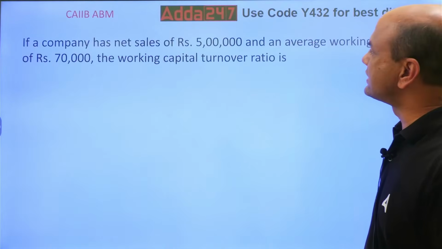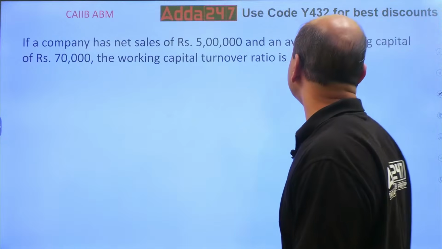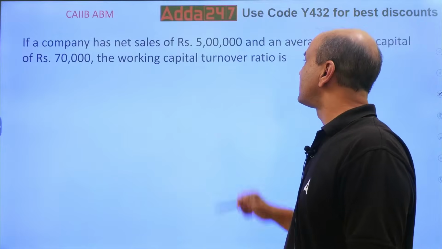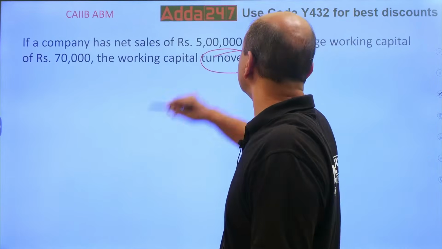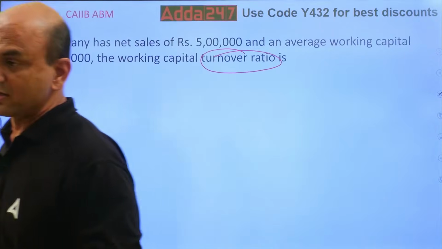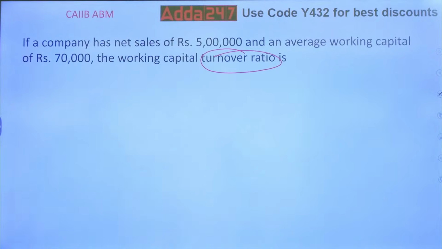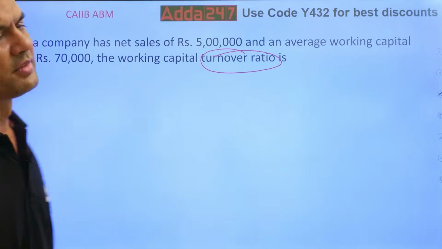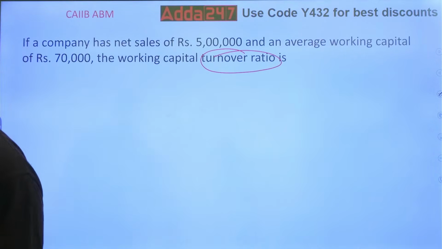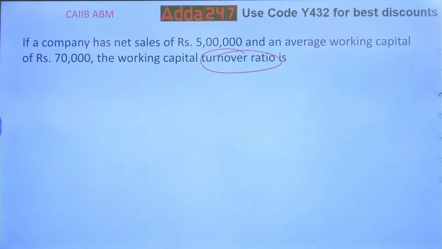If a company has net sales of 5 lakhs and an average working capital of 70,000, the working capital turnover ratio is? What do you call it, WC turnover? Formula, very important formula. Very simple but very important. You must have this formula very clear in your mind.